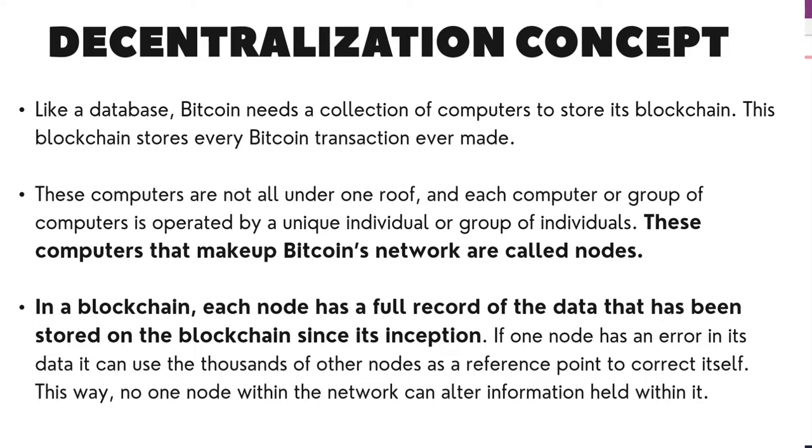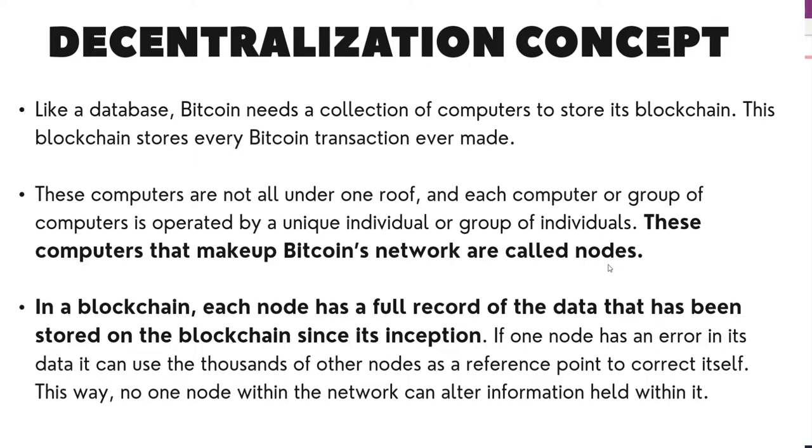Whereas in a blockchain, it's slightly different. The computers are not under one roof, and each computer or group of computers is operated by an individual, a group of individuals, or different companies. And these computers that make up that network are called nodes.